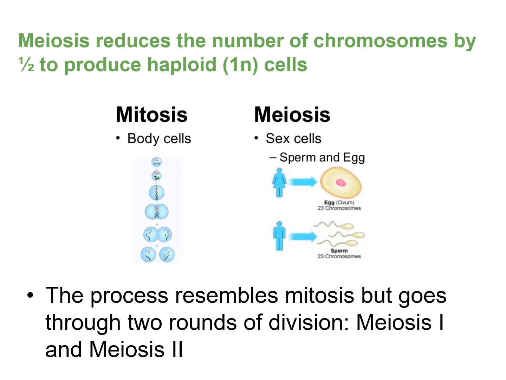Meiosis is the nuclear division that forms haploid cells from diploid cells. And this process employs many of the same cellular mechanisms as mitosis. But what's actually happening in meiosis is this process reduces the number of chromosomes by half to produce haploid cells, or 1N cells.